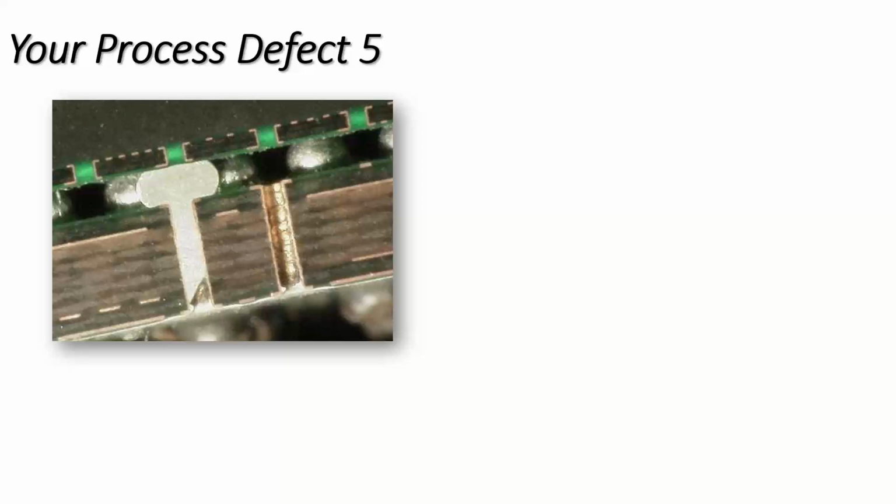So process defect number 5. Now, a company was wave soldering products with BGAs on, and this particular example is a nice microsection which was done to illustrate the problem that they were facing.